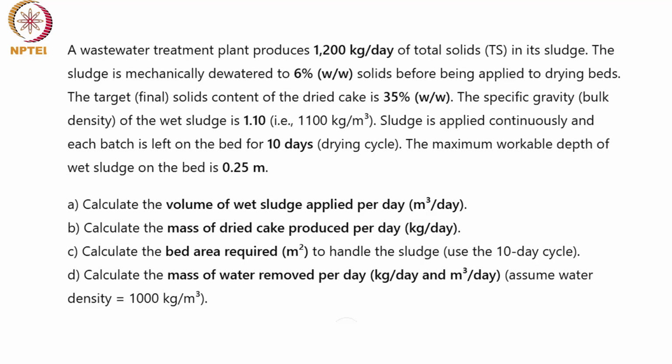The third one is you have to calculate the area of bed to handle the 10-day cycle. The last one is you have to calculate the mass of water removed per day.